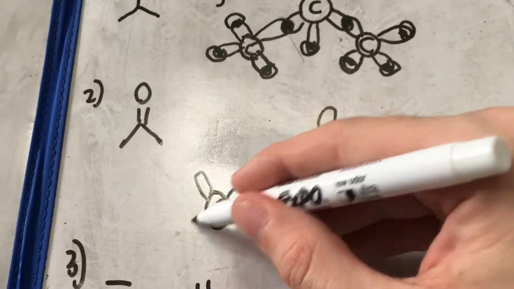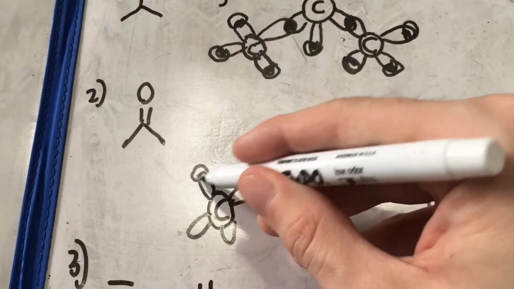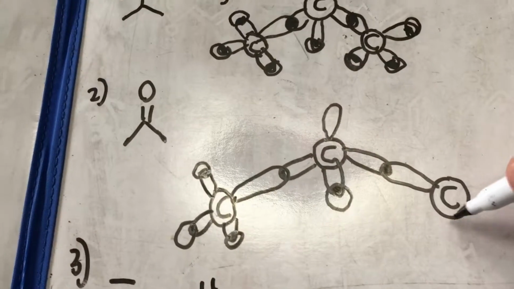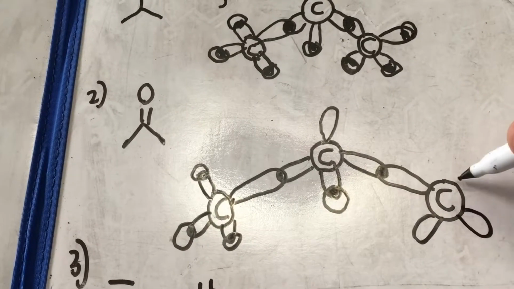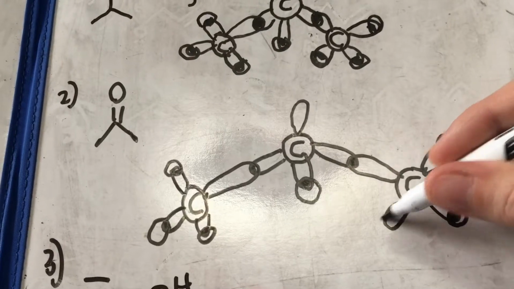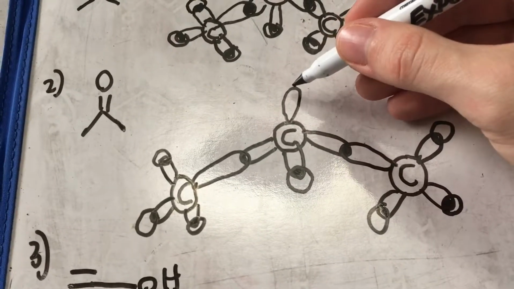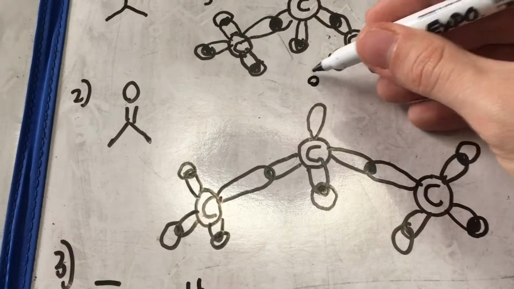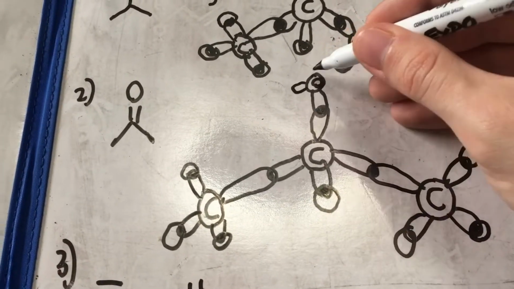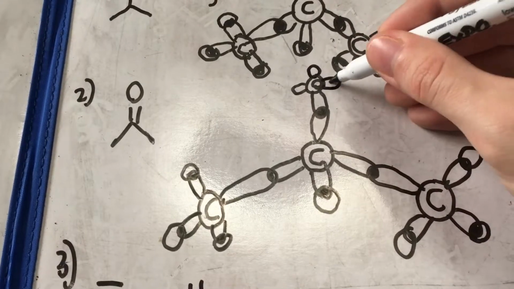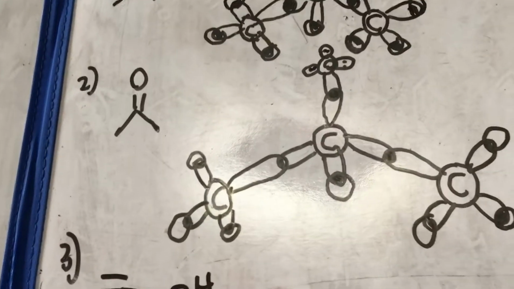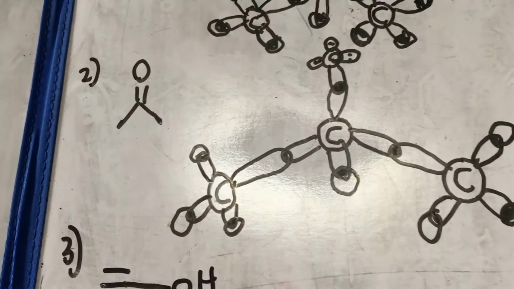And they're going to each have 4 in total, 3 P's with hydrogens. And this one is going to be bonded to an oxygen. And this oxygen is going to have 3 electron clouds. But we're not done there yet, because this has a double bond.